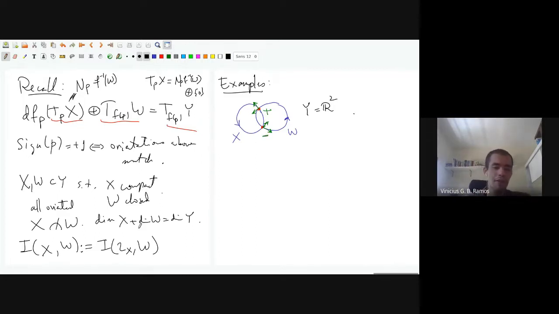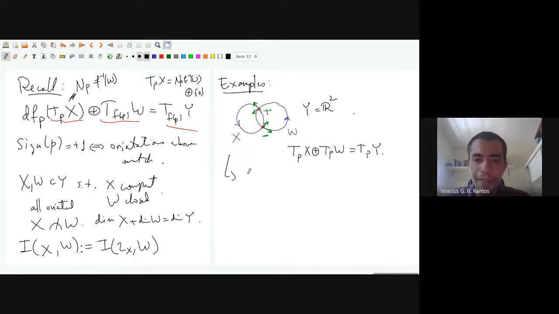Okay, so for submanifolds, this equation just becomes TP of X plus TP of W equals TP of Y. So you have to look at the orientation on X, the orientation on W, put them together in this order, and see if that gives you the right or the wrong orientation for Y to determine the signs.